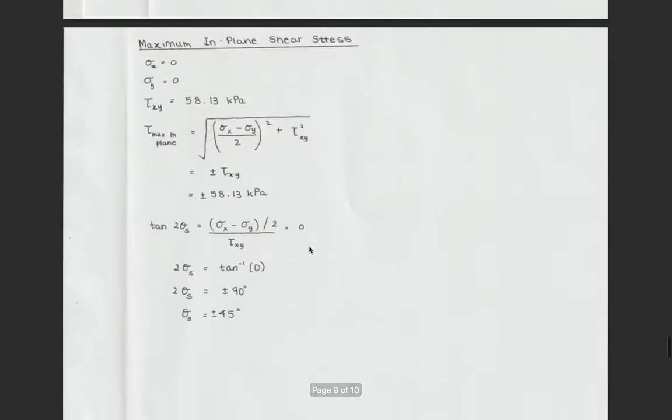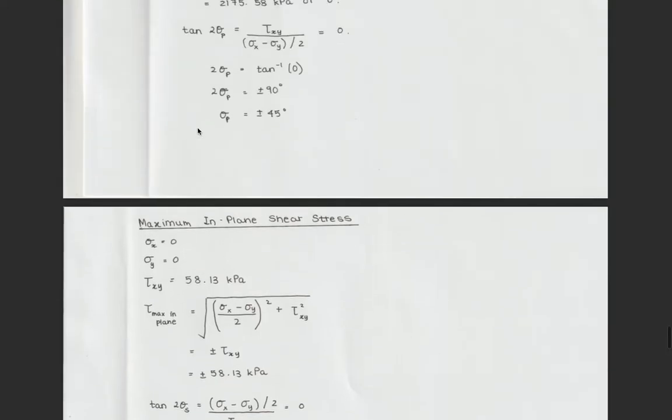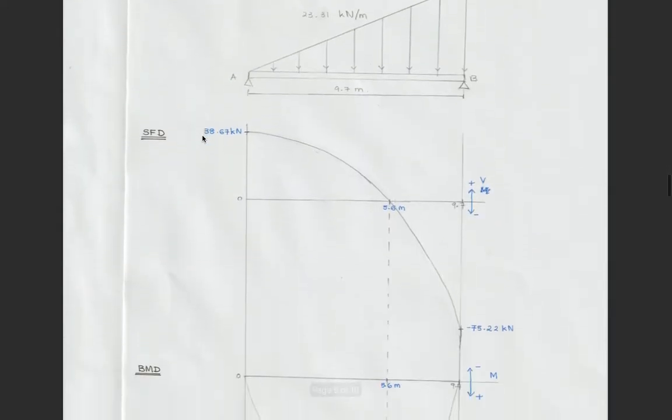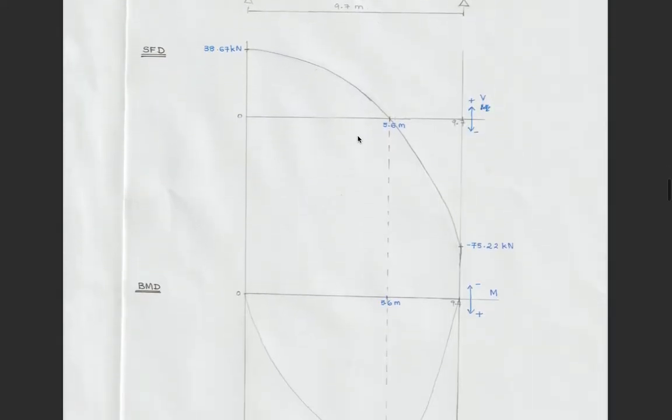Next, I've calculated the maximum in-plane shear stress, which is given right here. I'm just going to go back to my bending moment and shear force diagrams just to make that clear. So the maximum shear force occurs right here when x equals 9.7.